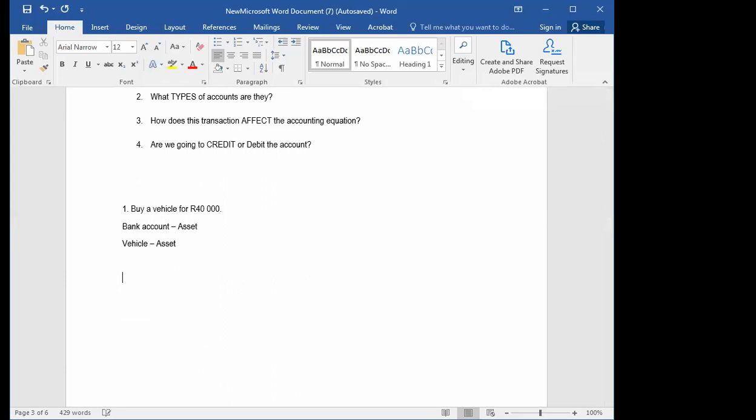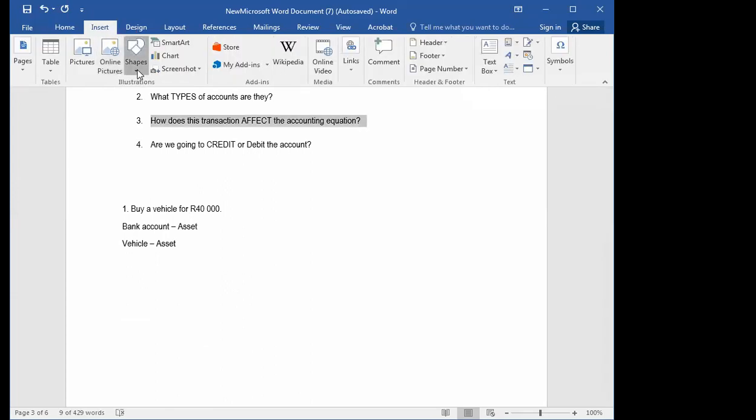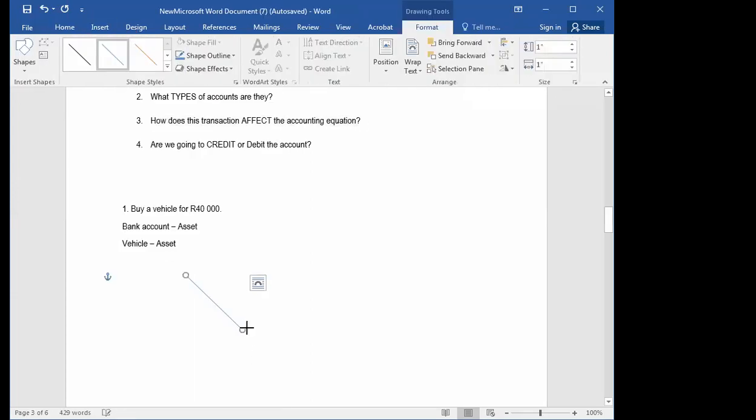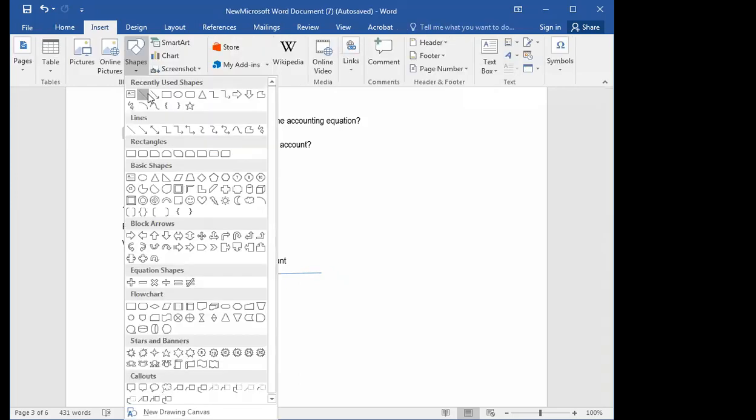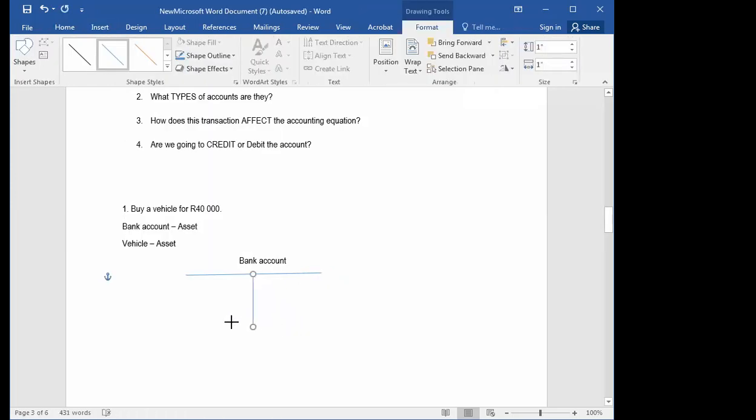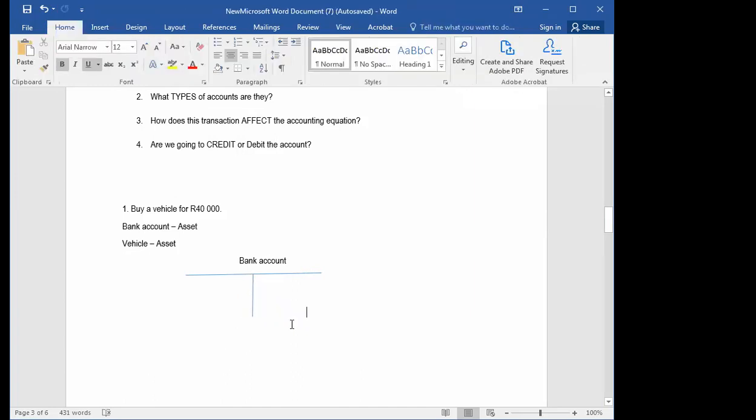Now let's draw our accounts. The first account must be a bank account. Here is a bank account. On your right hand side is the credit side. On your left hand side, what?